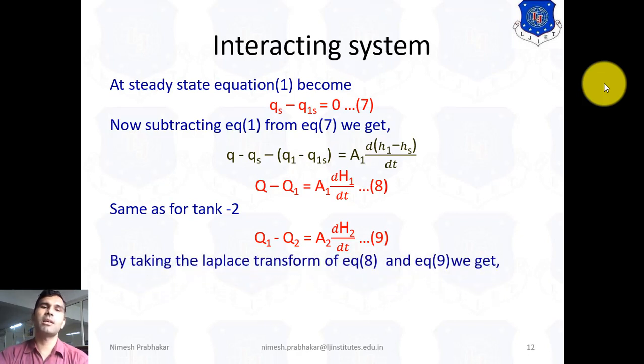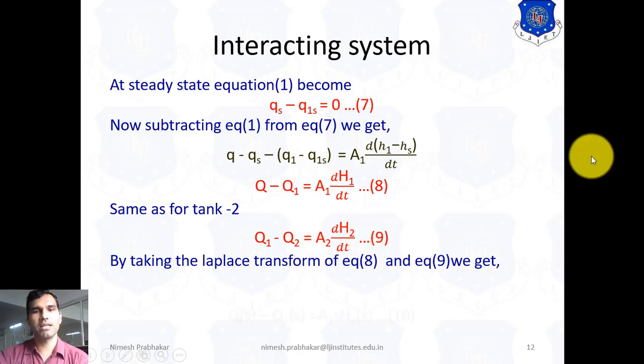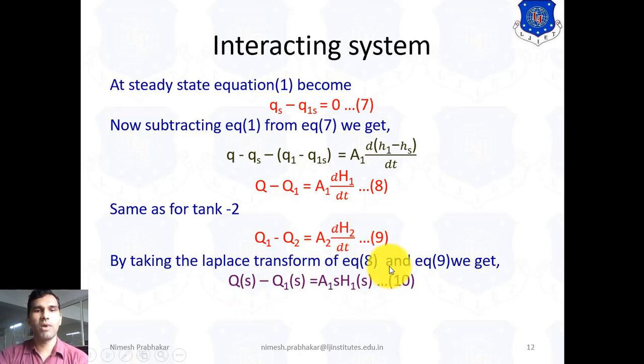So by taking the Laplace transform of equation number 8 and equation number 9, that means these two equations, we can write Q(s) minus Q1(s) is equal to A1 s H1(s), and for equation number 2 we can write Q1(s) minus Q2(s) is equal to A2 s H2(s), which is equation number 11. So we get these two equations from the Laplace transform of these two equations.